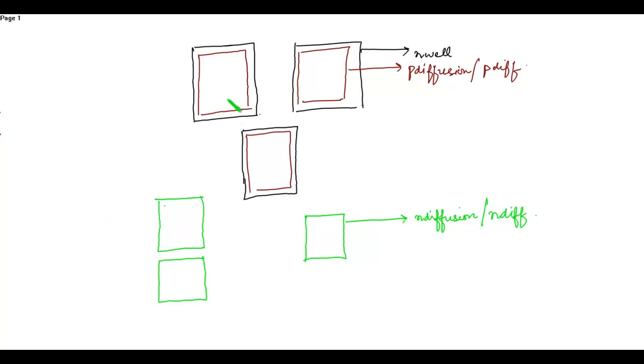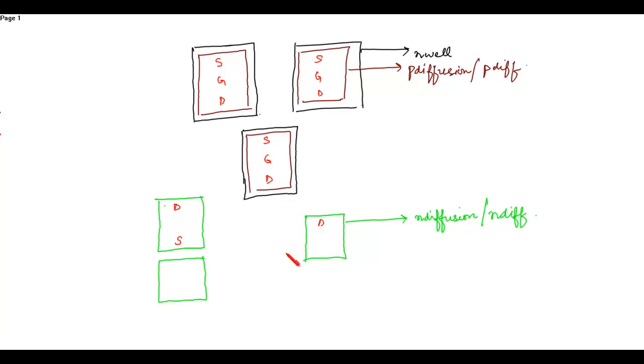Then we know this is the PMOS and this is the NMOS. If you want, you can label it. This is the source, gate and drain. You will not write like this. Source, gate and drain. And over here, these two will be drain.